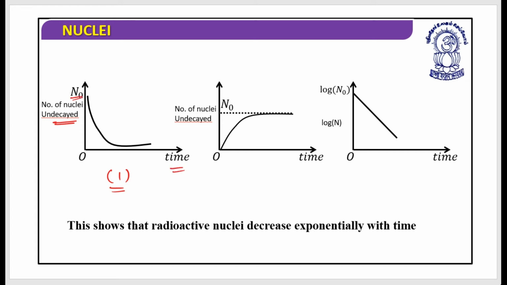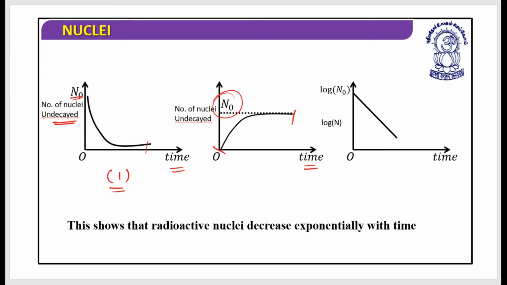This is n naught, this is time, and if you look at this graph, it keeps on decreasing. Next it is about the number of nuclei versus time. This is about the daughter nuclei, which keeps on increasing, and this is about the parent nuclei.